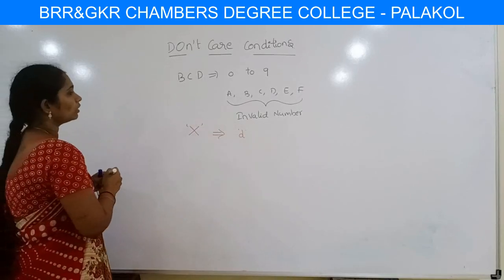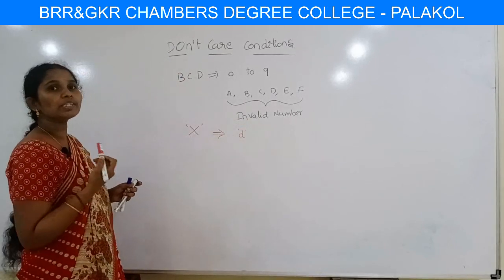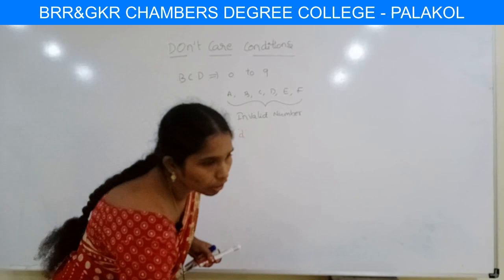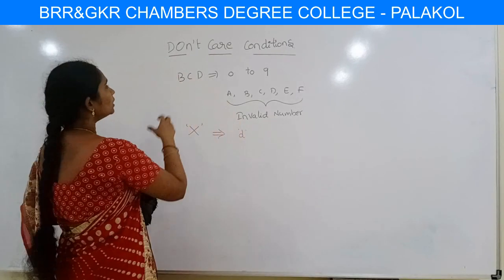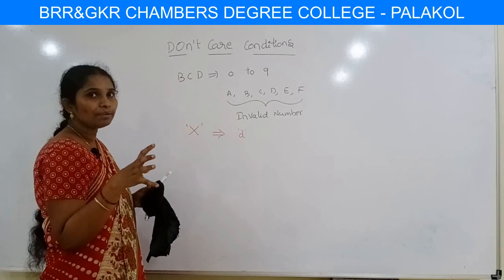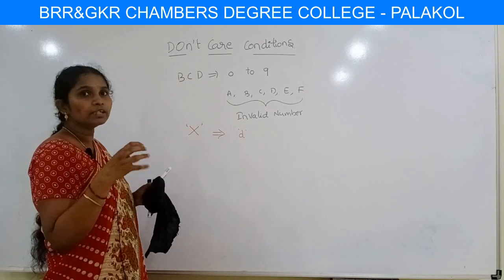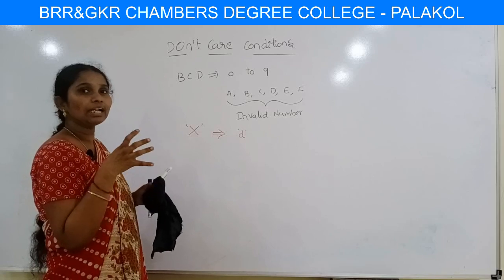So the don't care is nothing but invalid numbers or unused numbers. For K-map simplification, these don't cares are also considered in a loop. Why? Because you have to reduce the number of min terms or max terms in that expression.